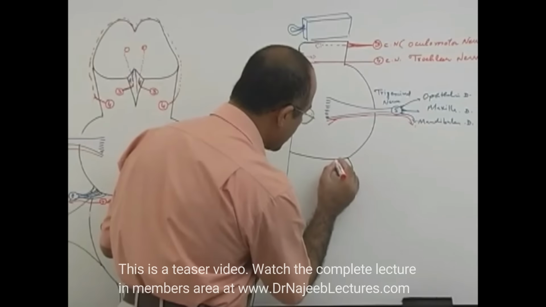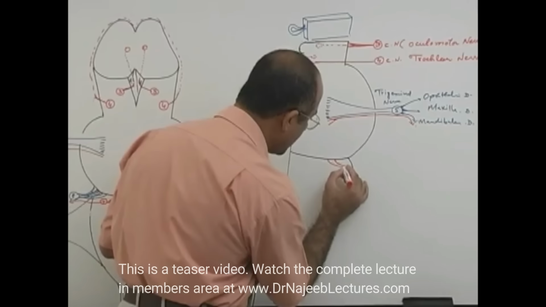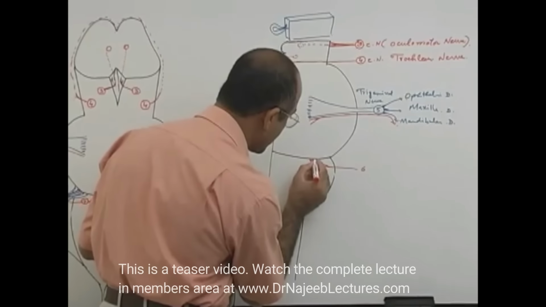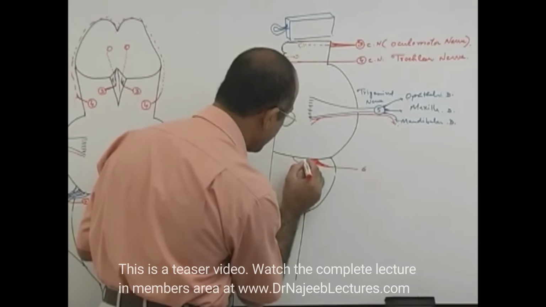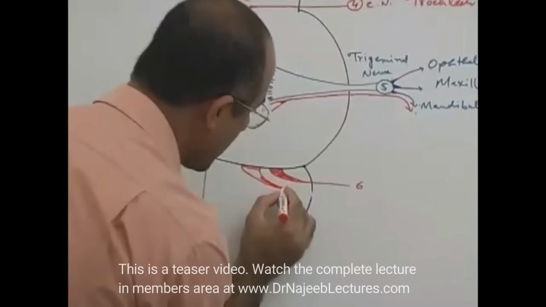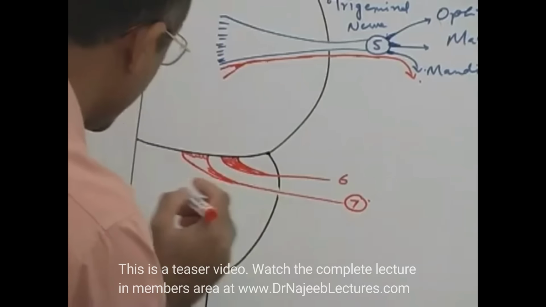Of course, you can understand from here which nerve is coming out from here. Yeah, 6th nerve, right? And from here, which nerve is coming out? It is 7th.